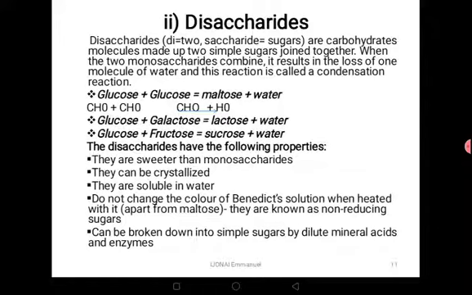So these simple sugars, or these monosaccharides, join together through a condensation reaction to form what we call disaccharides. So when the 2 monosaccharides combine, it results in loss of 1 molecule of water, and this reaction is called condensation reaction.